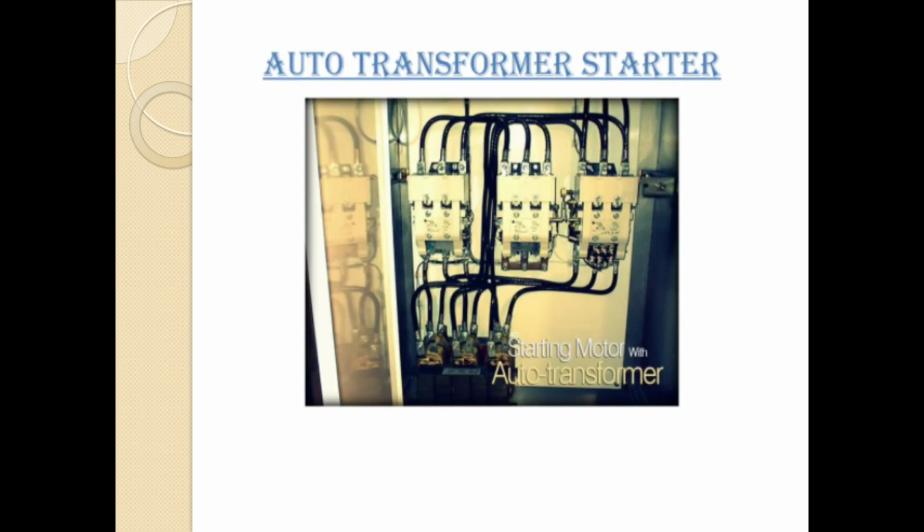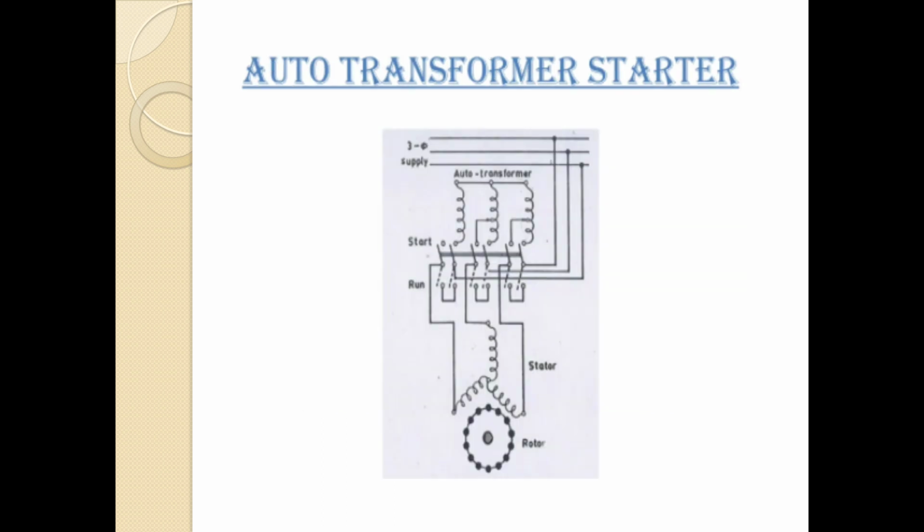Auto transformer starter. This is the circuit diagram of an auto transformer starter. It is used to give a reduced voltage to a three-phase induction motor to limit the starting current. The reduced voltage is obtained by an auto transformer.